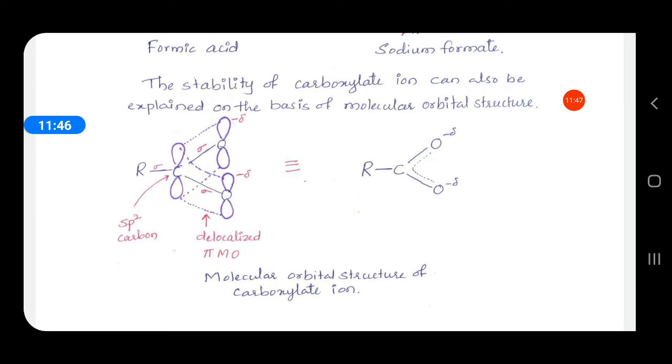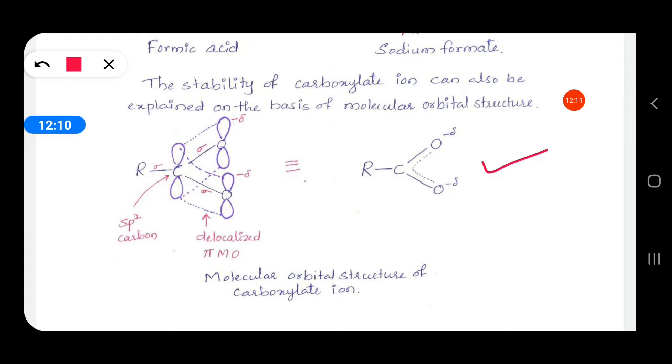So this also confirms why there is no pure double bond or pure single bond. Actually it is in between a single and a double bond. Both carbon-oxygen bonds are partially double bonds. It is not a completely double bond or a pure single bond.